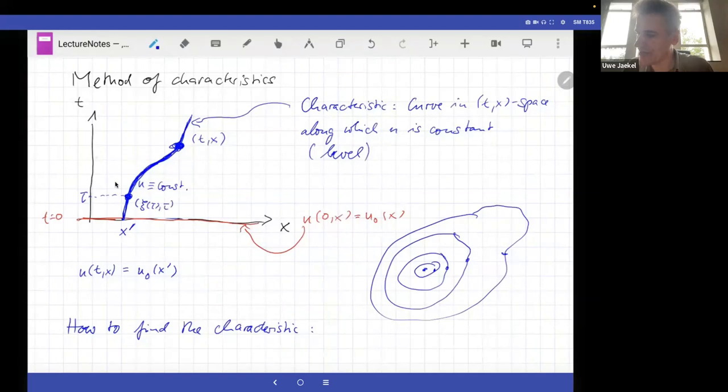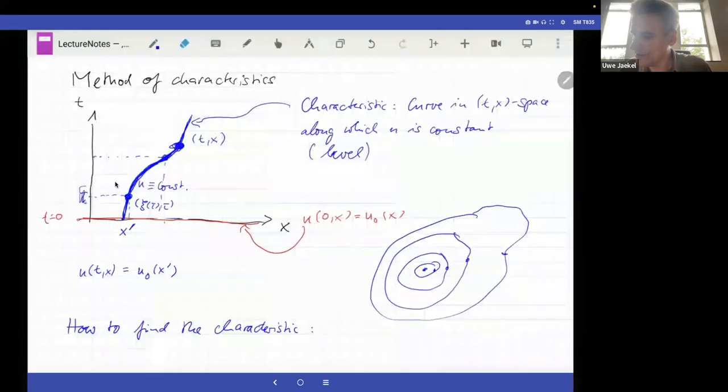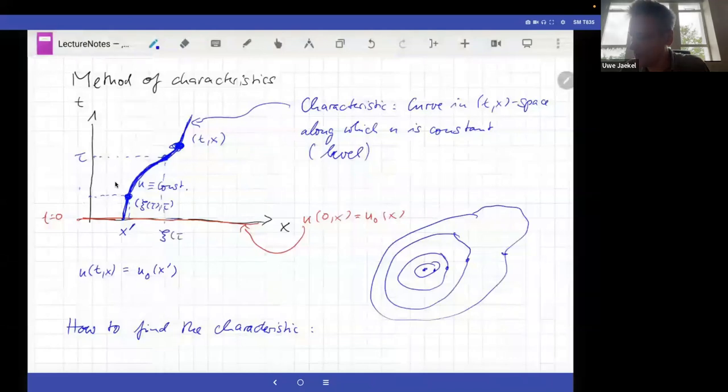So at a given time tau, that would be the temporal component, and psi of tau, I'm in love with this Greek letter psi, that will be the x component along the characteristic.